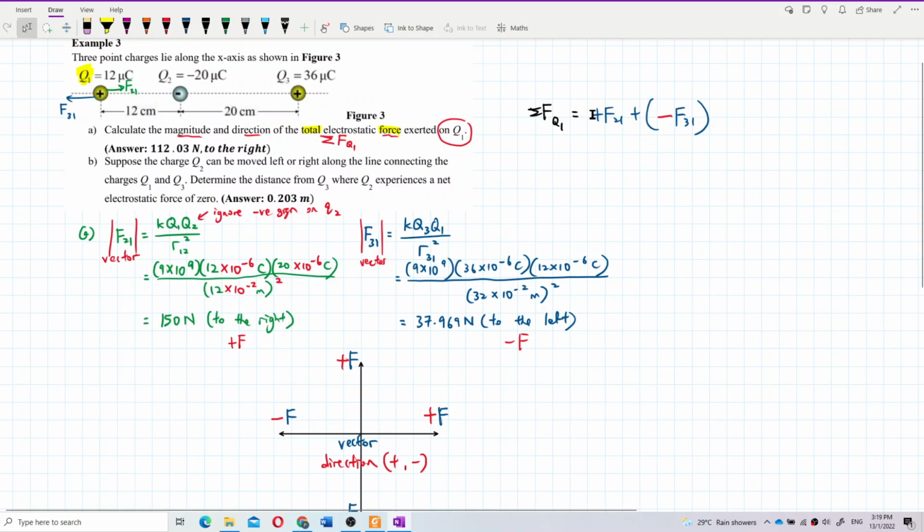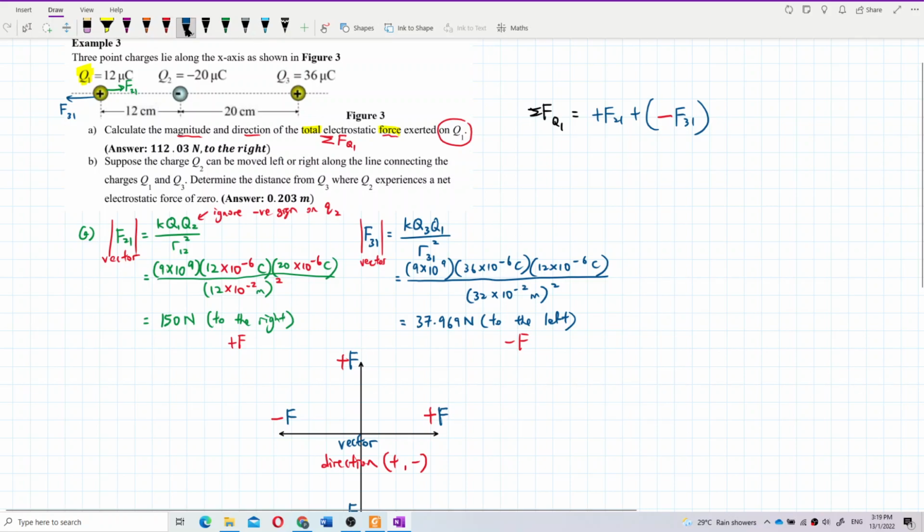Understand? Positive means to the right, negative means to the left. When we put the direction like this, we can see these two forces cancel each other because of the opposite sign. When the forces are in opposite directions, they minus each other automatically when we total them up.